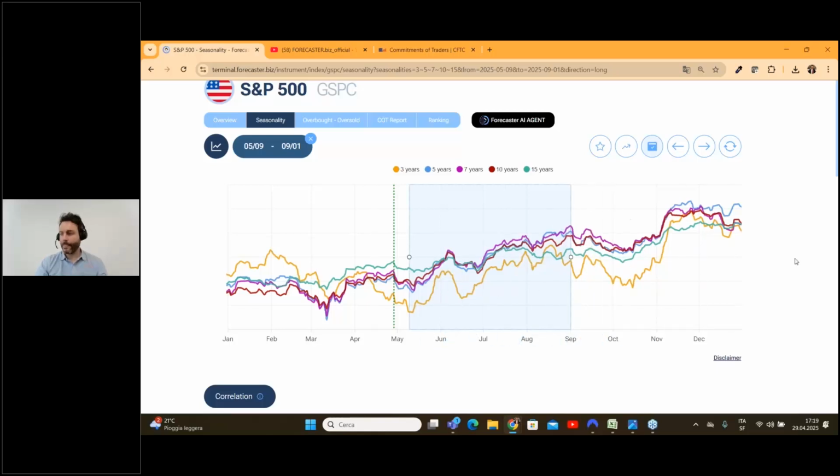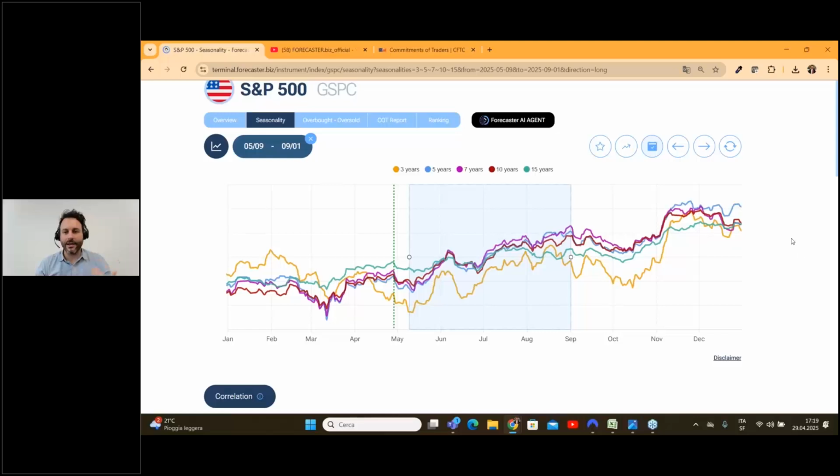And this is something amazing because when you do the average of such a long period of time and you can find the same trend both on the last 3 years and the last 15 years, it means that we have a seasonal pattern on an index like the S&P 500.